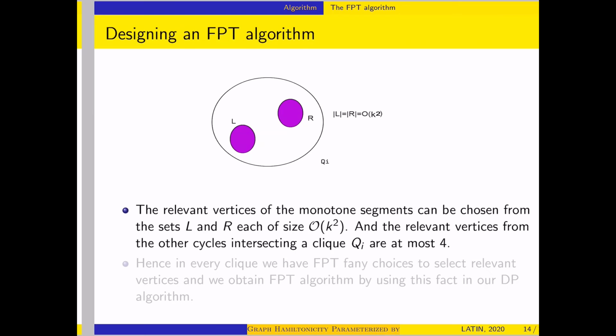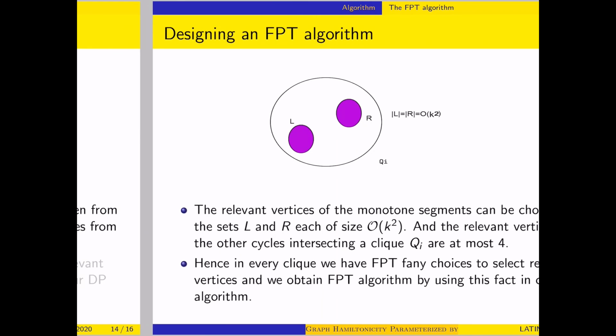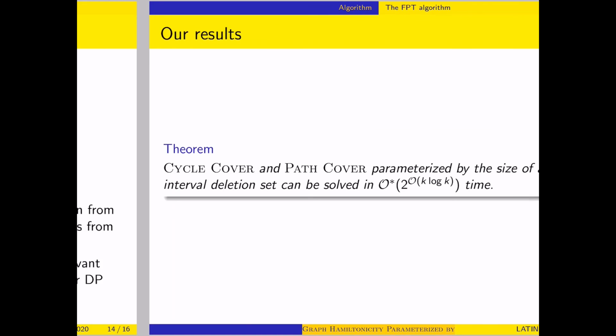So we find two sets, each of which has size order k square, and we show that all the relevant vertices should come from within these sets. With this, our algorithm only has FPT many choices for relevant vertices from a clique, and with this we design our DP algorithm, which is FPT in running time. So cycle cover and path cover parameterized by proper interval deletion set can be solved in 2 power order k log k.